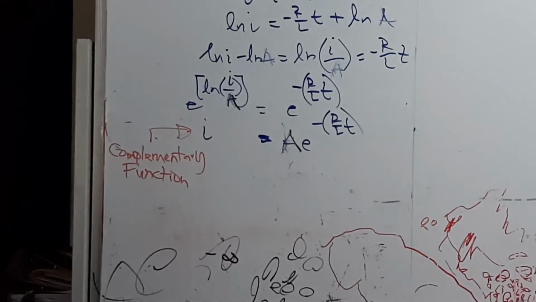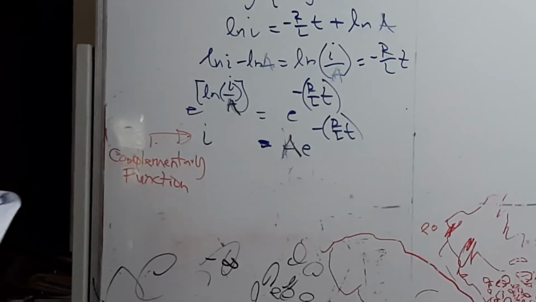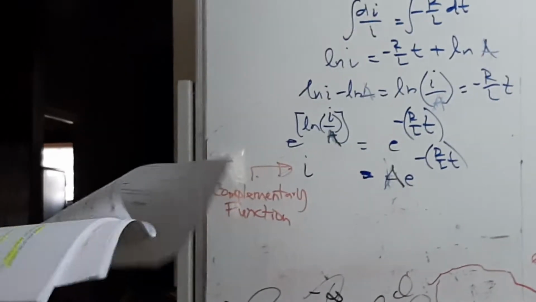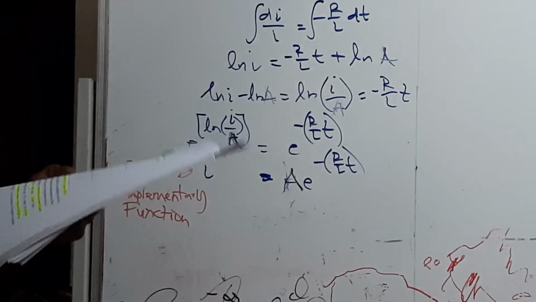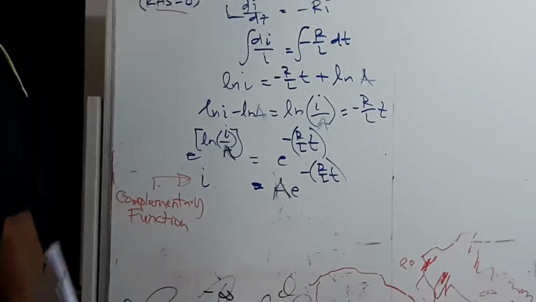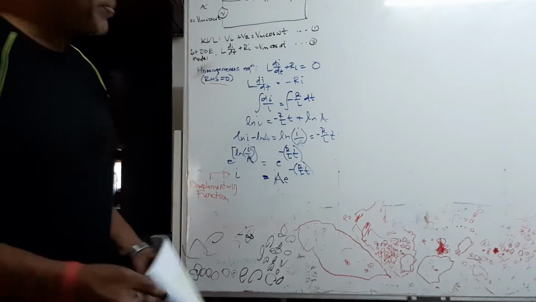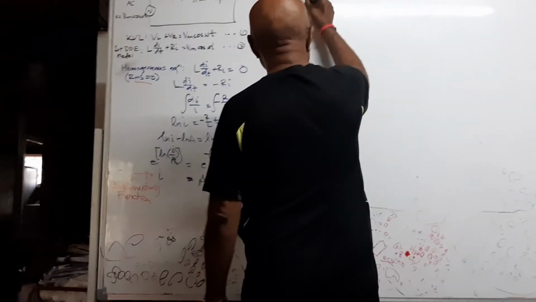Alright, so now that we have that, let's go on to the top of page 12. It says in there, what we have to look for now is the particular integral.